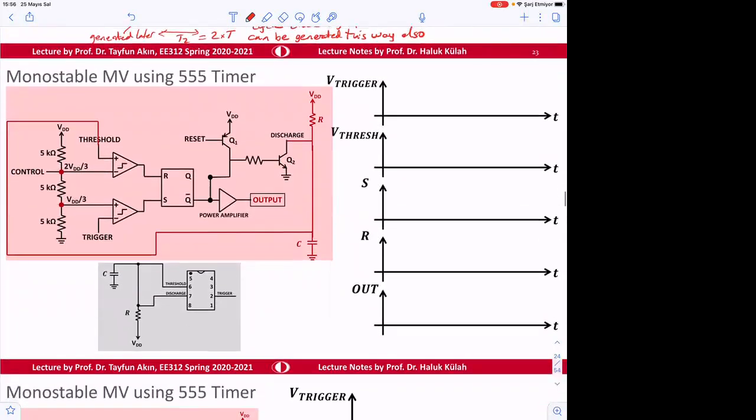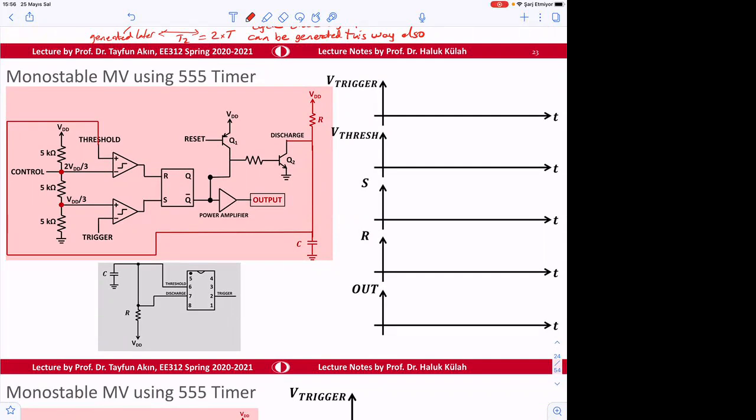So another famous circuit that we can generate here is the monostable multivibrator.